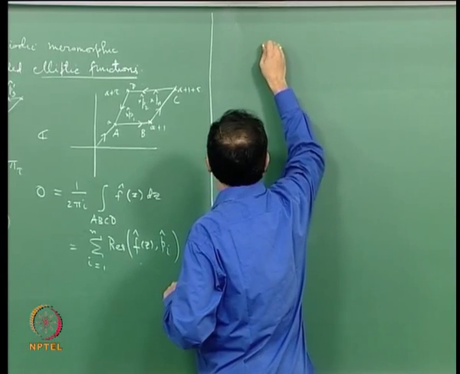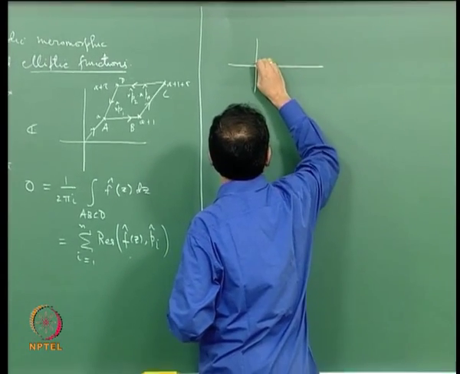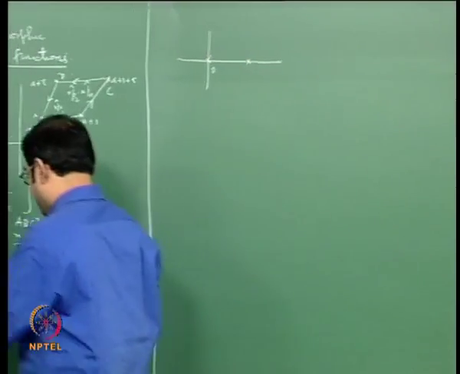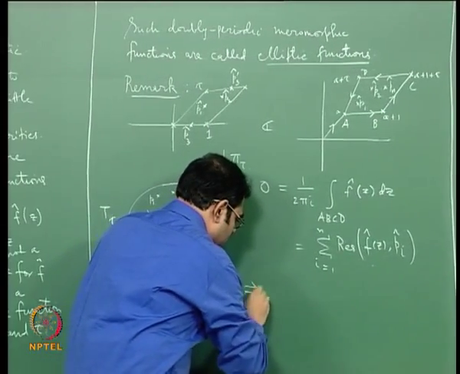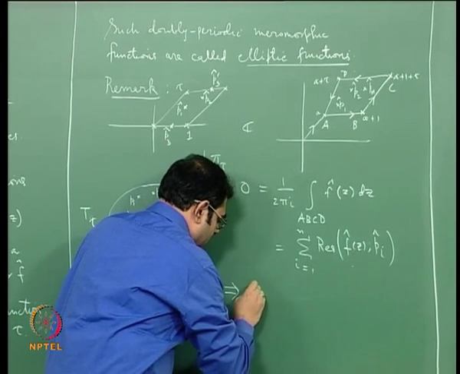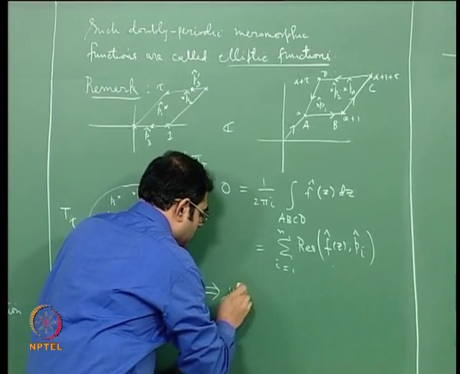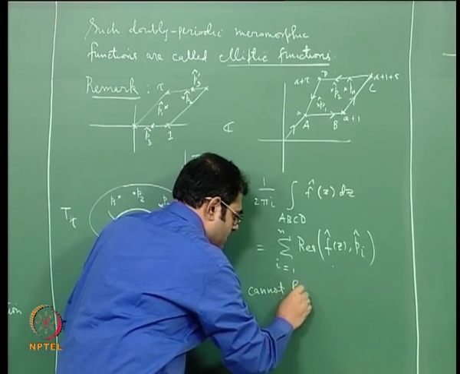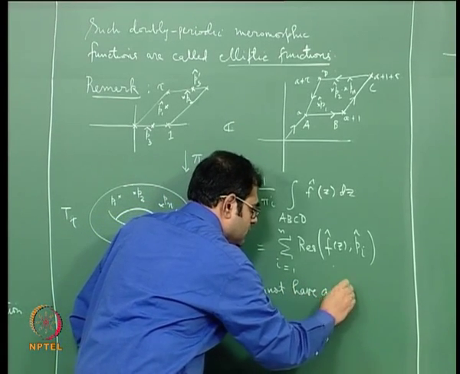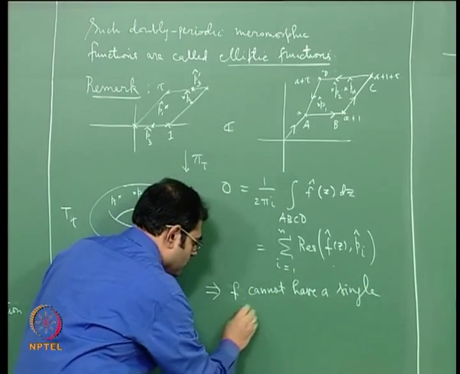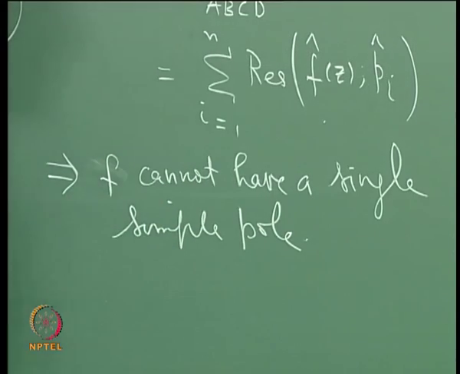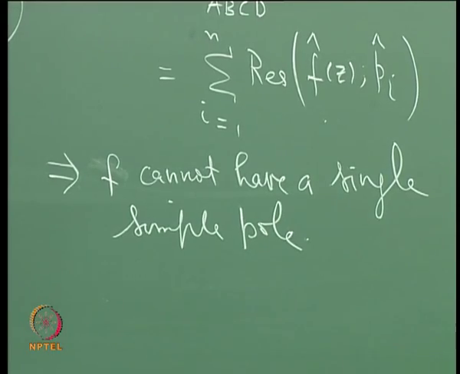We will take this lattice. So we go back to our picture, but let me write the conclusion here. This implies f cannot have a simple pole. This can't happen. All right.